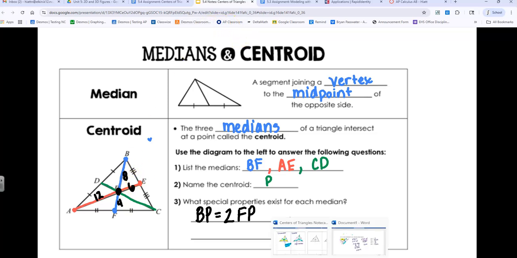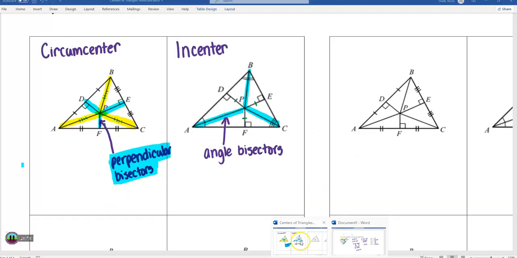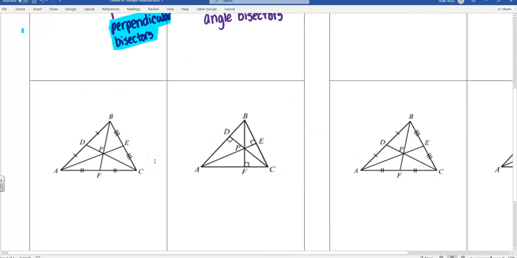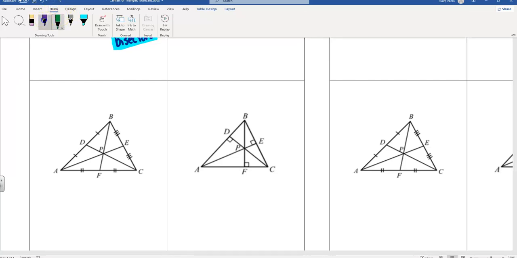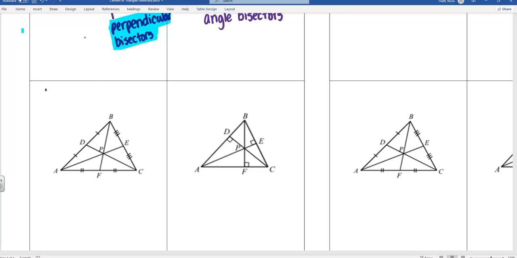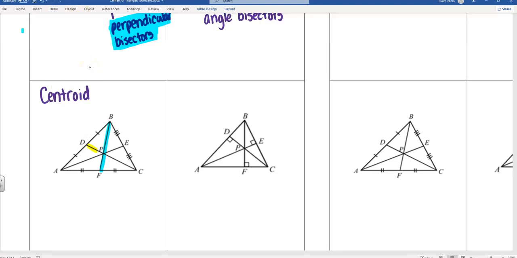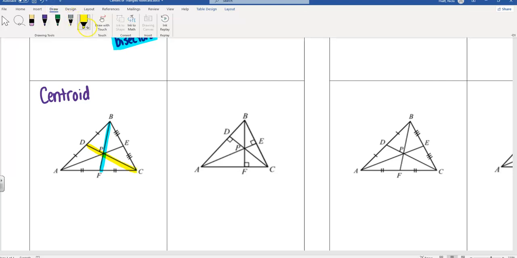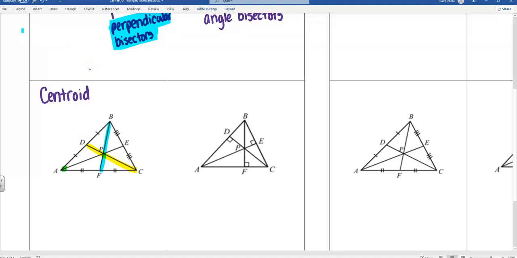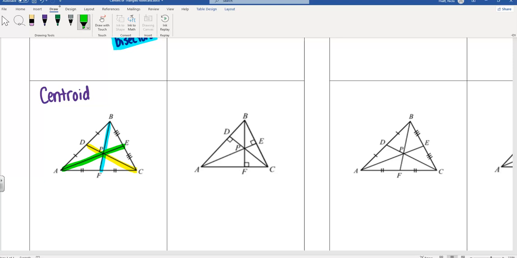Okay, let's add this to our notes. I'm using different colors because where they intersect, I think they are a little harder to overlap.